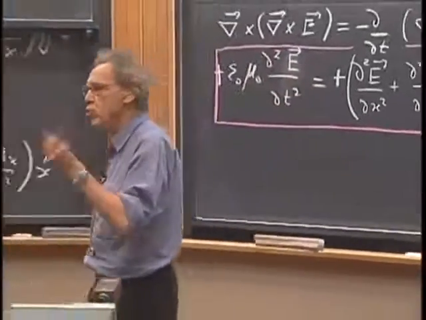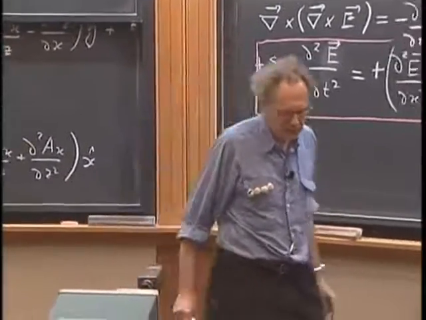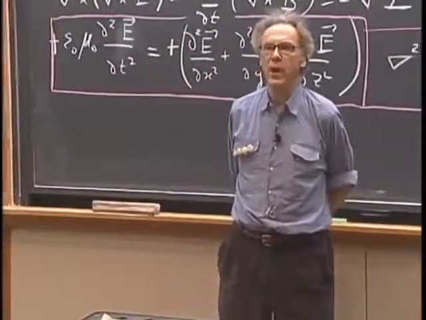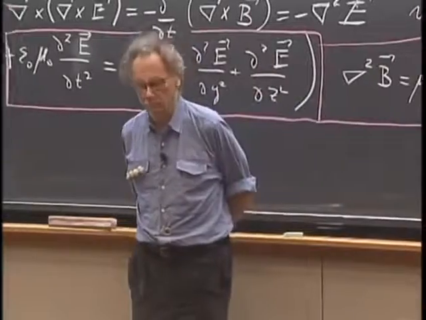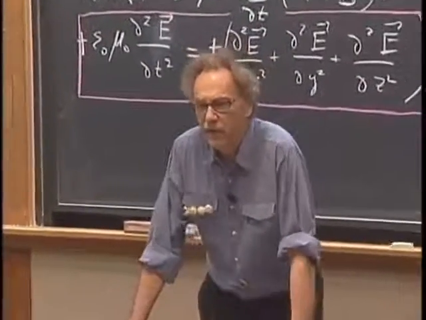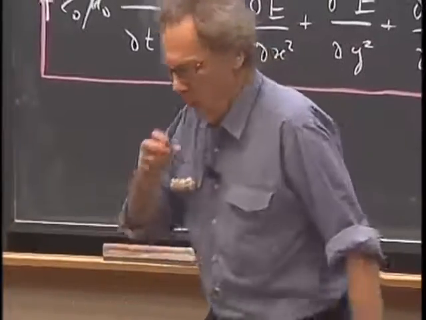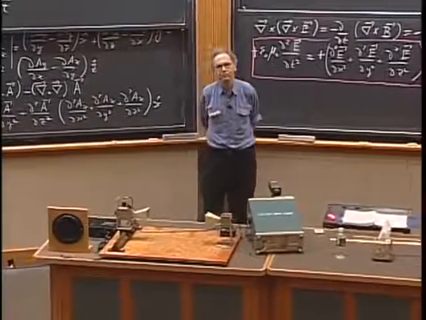Maxwell knew the speed of light. It was known way before Maxwell. In 1676, Römer, in a brilliant way, using the eclipsing times of the moons of Jupiter, derived the speed of light. And he came up with 214,000 kilometers per second.